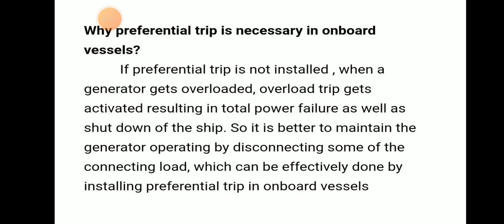If there is only overload trip, then total blackout will be there for a period of time. To avoid that condition, it is better to maintain the generator operating by disconnecting some connected load, which can be effectively done by preferential trip.